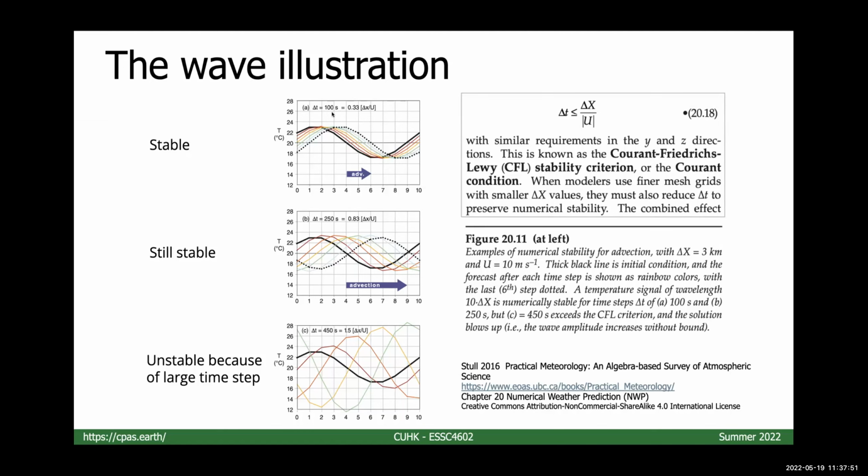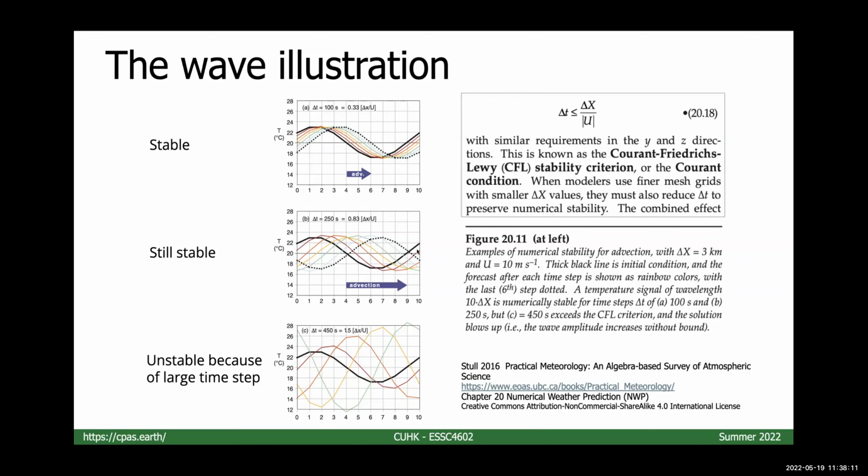simulated time. How about using a longer time step, say 250 seconds, and you carry out the simulation. At the next time step, 250 seconds later, the wave propagates a longer distance.